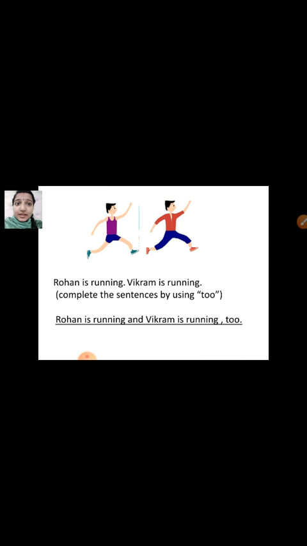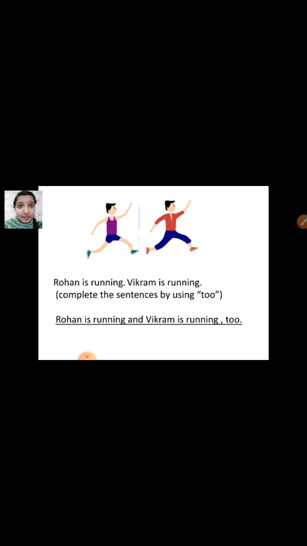They have given separate sentences, but they are doing the same activity. So, Rohan is running and Vikram is running, comma, too.